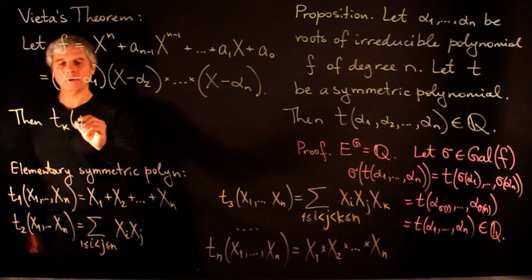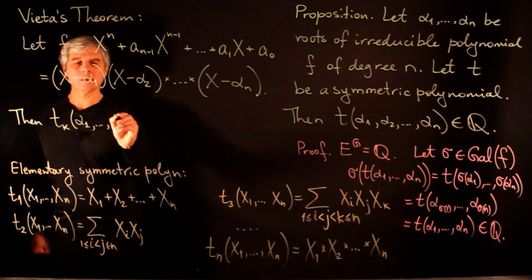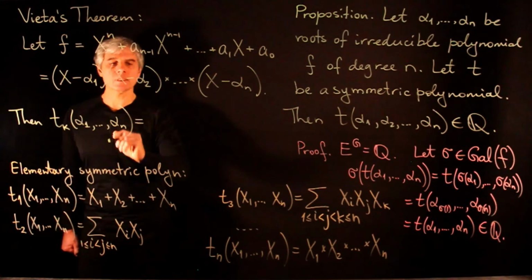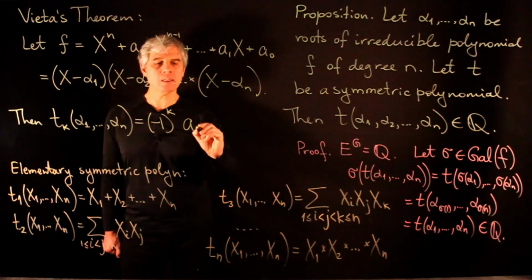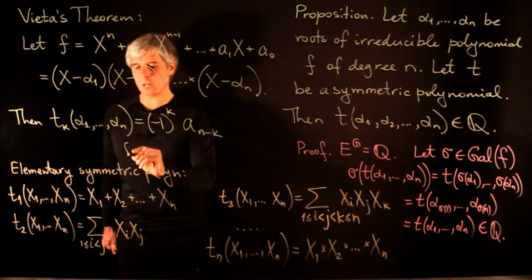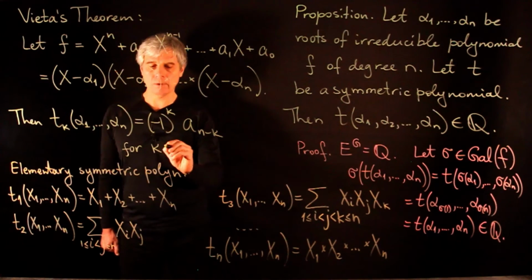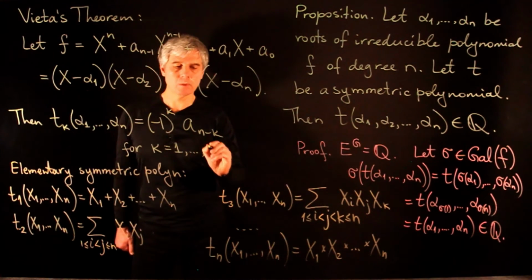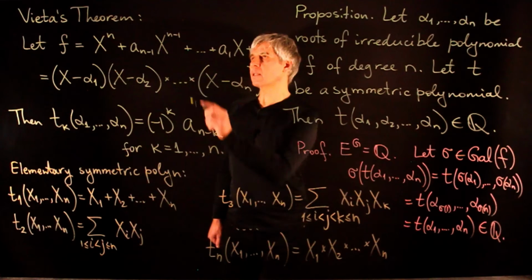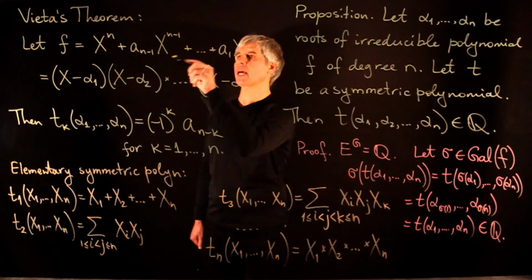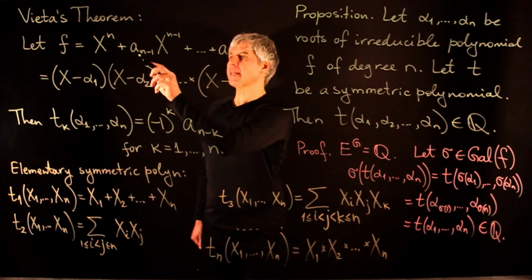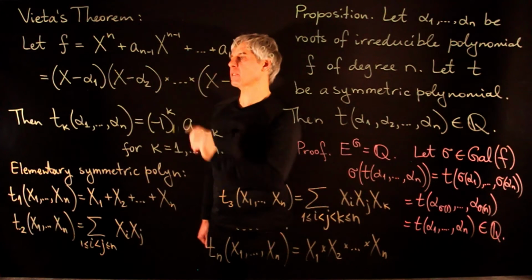Then t_k of alpha_1, ..., alpha_n is equal to (-1)^k a_{n-k} for k from 1 to n. Indeed, let us look at what is the coefficient at x^{n-1}. On one hand, it's equal to a_{n-1}.